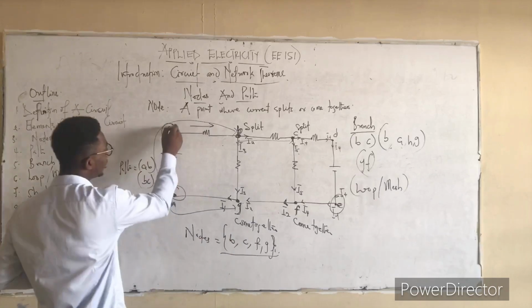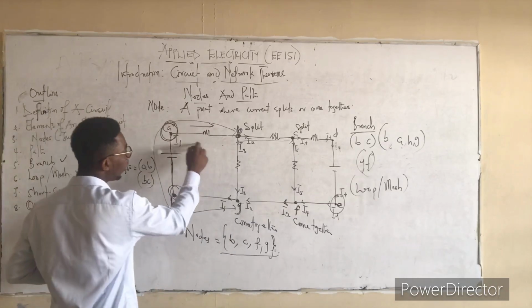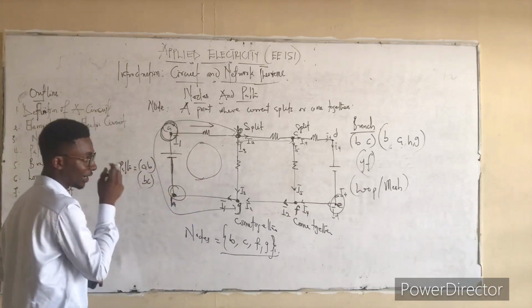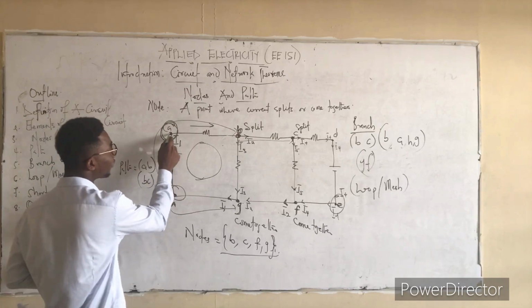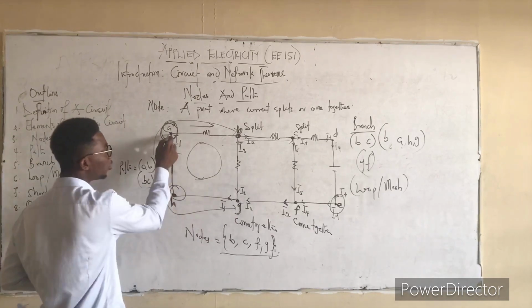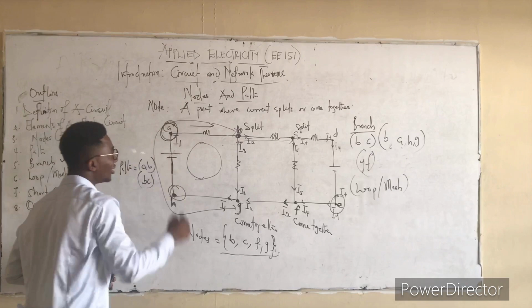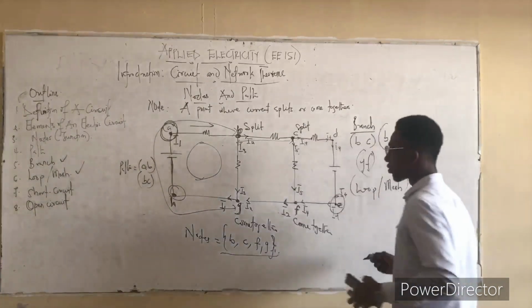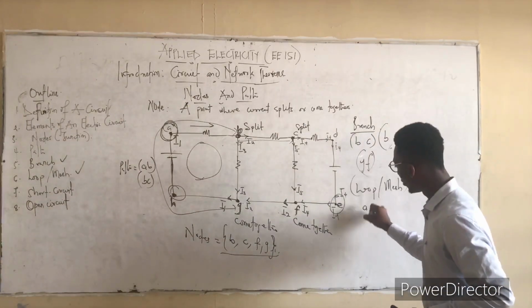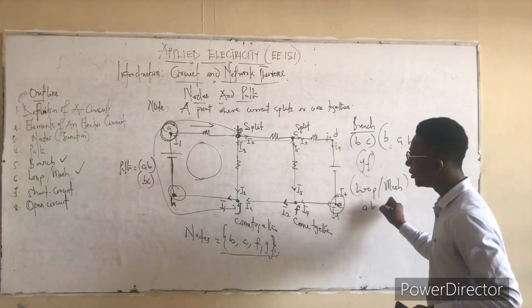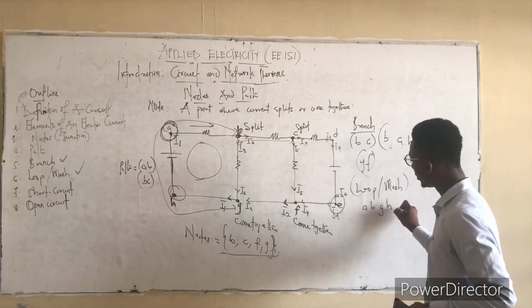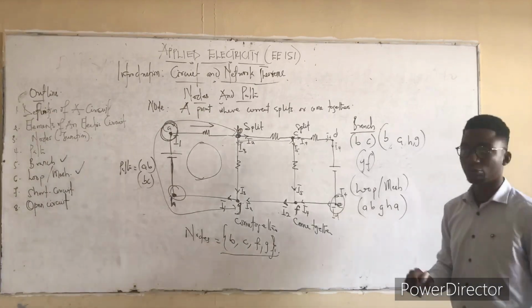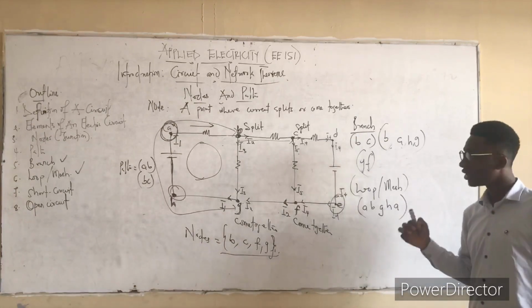So when I start with A, within only this one region of the electric circuit, I have to close the loop with the same point A. An example of a loop I can create within this region is loop A, B, J, H, A.